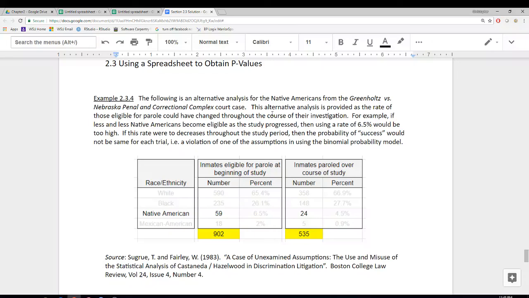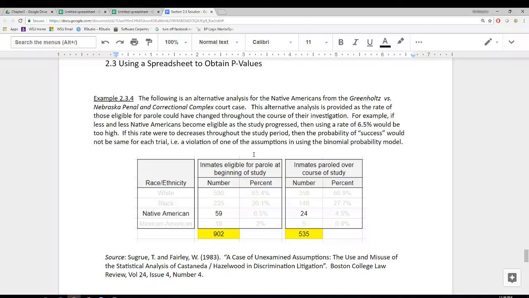The issue here is that if fewer and fewer Native Americans become eligible as the study progresses, then what we did before, using a 6.5% rate of Native Americans, could be a problem. That 6.5% was the percentage of individuals eligible for parole at the beginning of the study who were Native Americans.